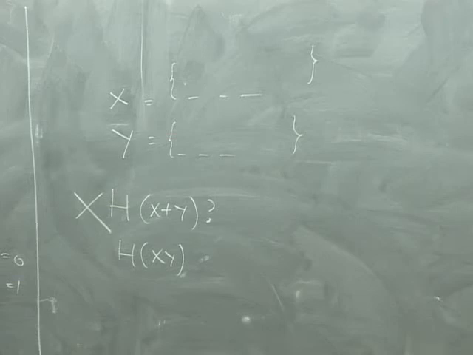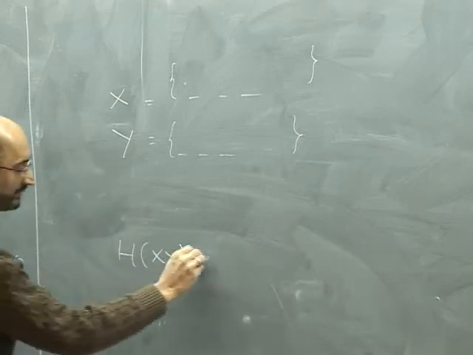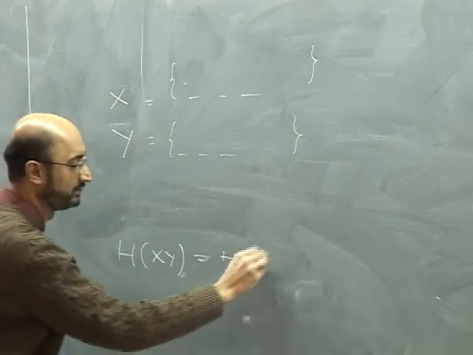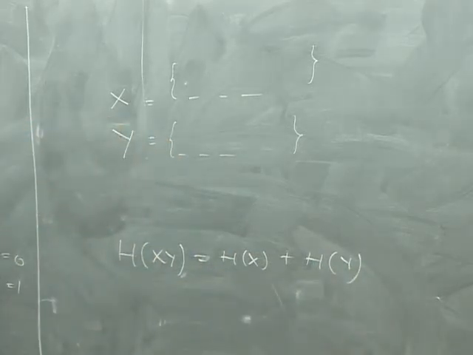Unless you're advanced information theorists. So what I really meant to say was H of (x, y), and I said x and y independent, in which case it's H of x plus H of y. So the entropy of the joint distribution is the sum of the entropies if they're independent. The reason is that we send message x, we send message y, they're completely independent.